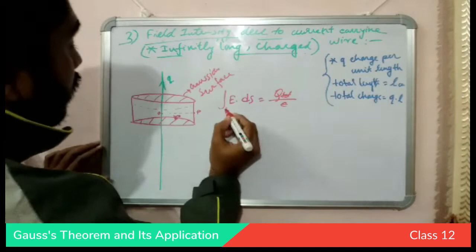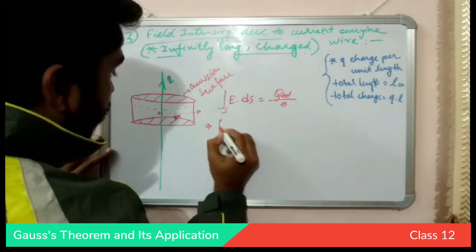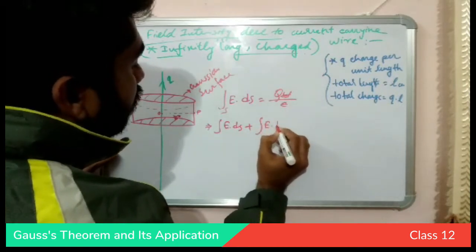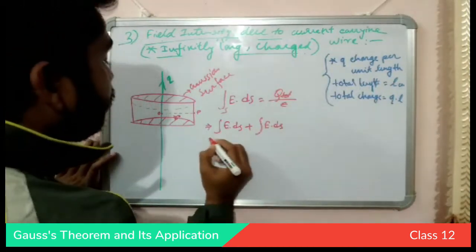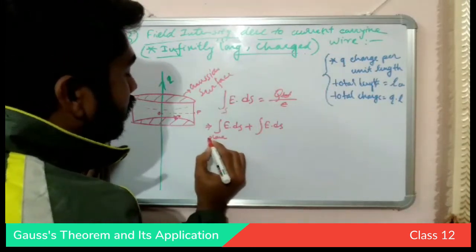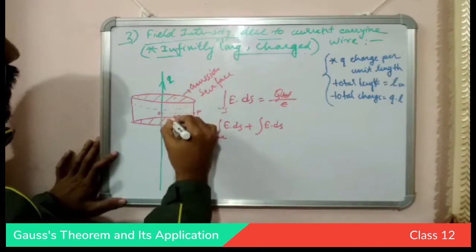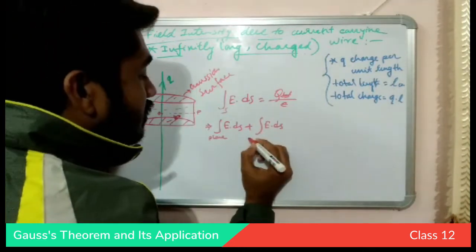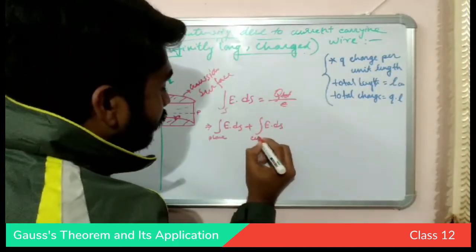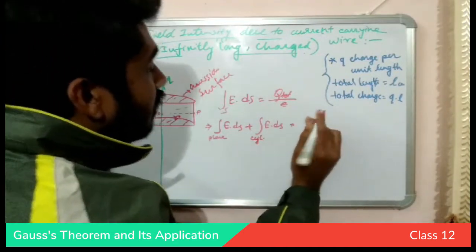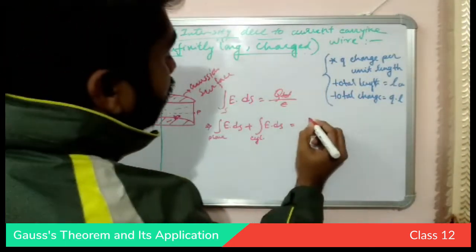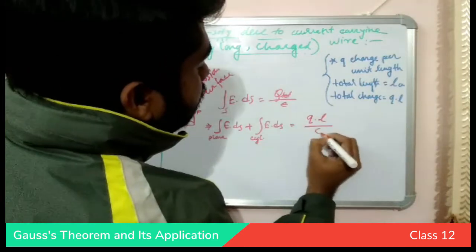So E dot ds plus E dot ds, this is the plane, that is this plane and this plane, and this is the cylindrical body, is equal to, so total Q will be lambda into L by epsilon.